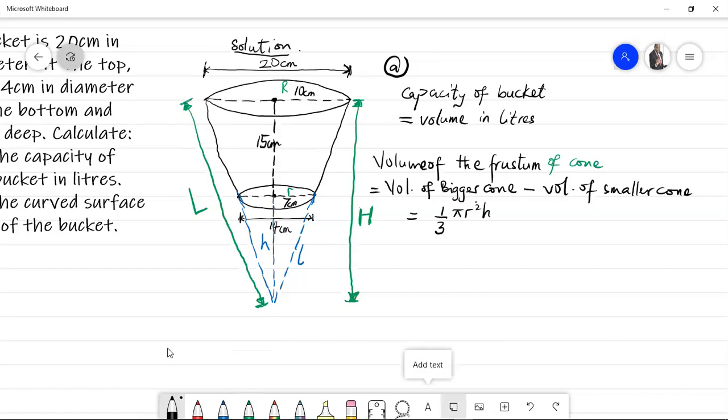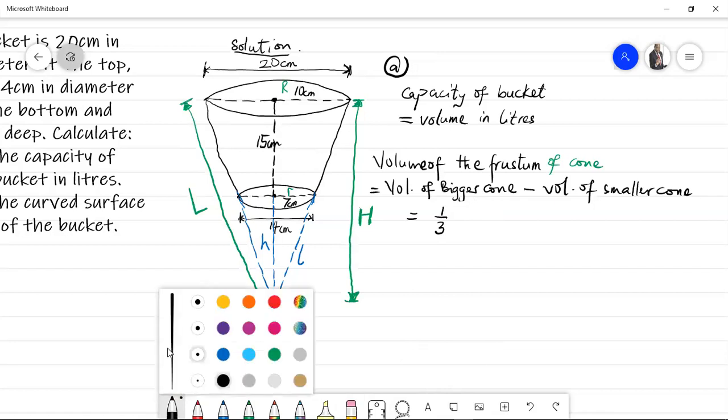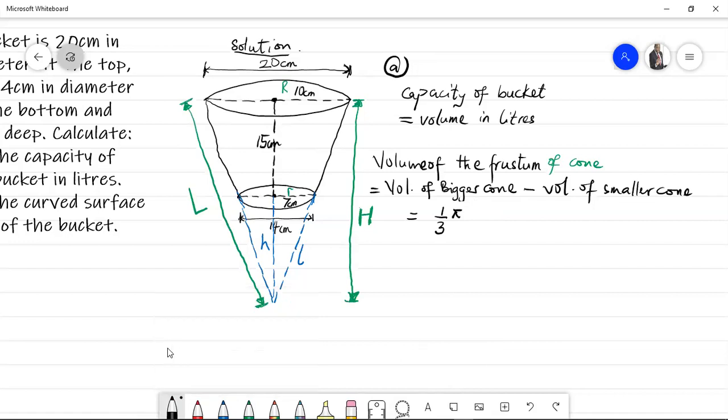But because you are dealing with two different volumes, the big one and the small one, it will help to write it using the letters. So 1 over 3 pi big R squared big H for the bigger cone, minus 1 over 3 pi small r squared small h for the smaller cone.